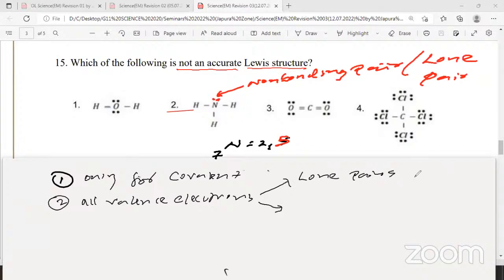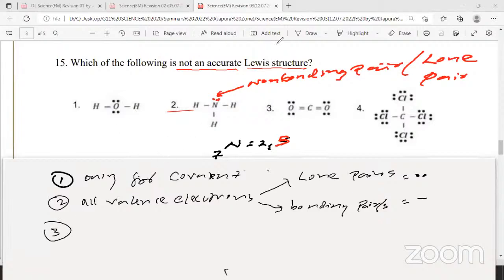For lone pairs we use a pair of dots, and for bonding pairs we use a small dash.